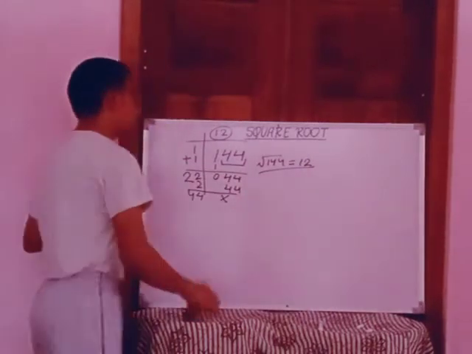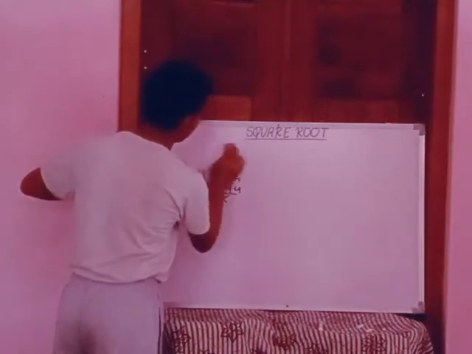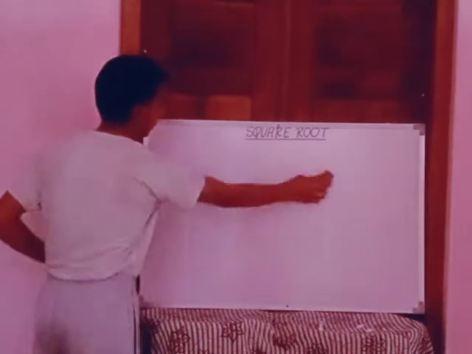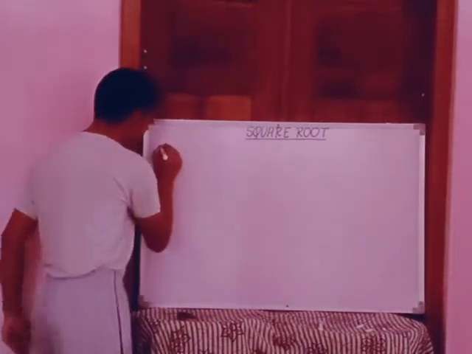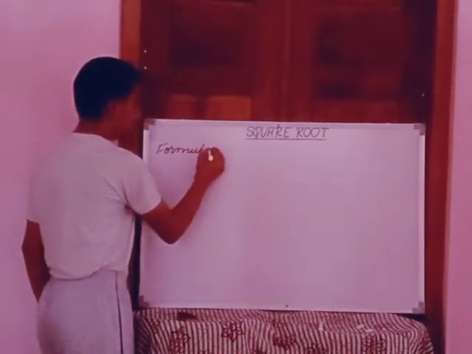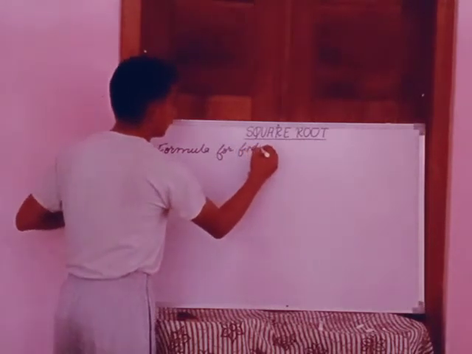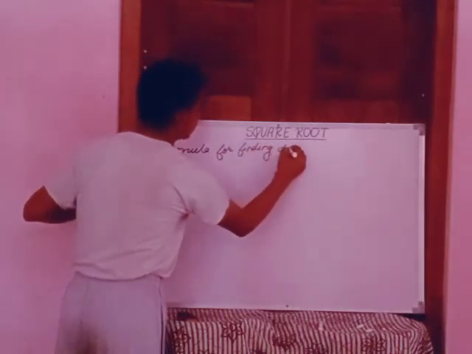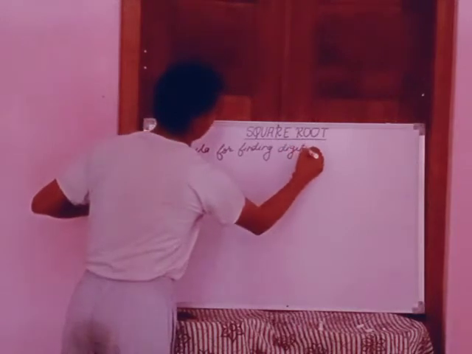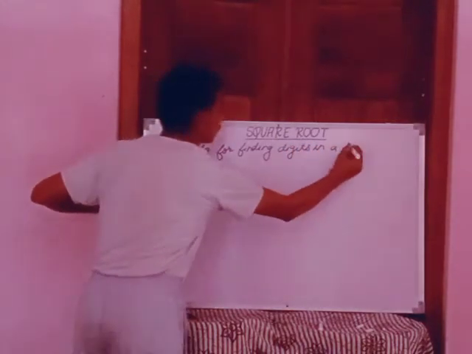Okay, now let's understand the formula to find the number of digits in the square root of a perfect square number. Formula for finding digits in a square root.